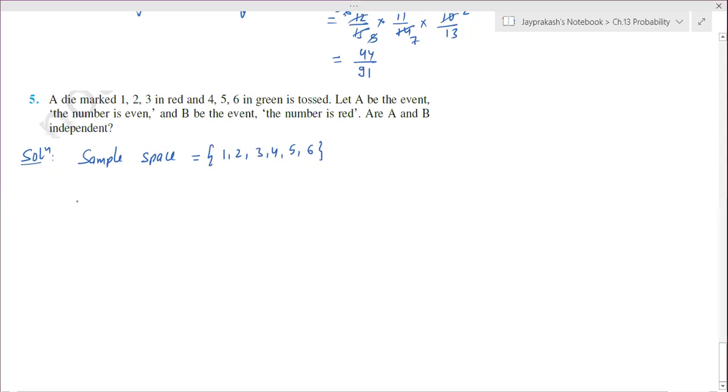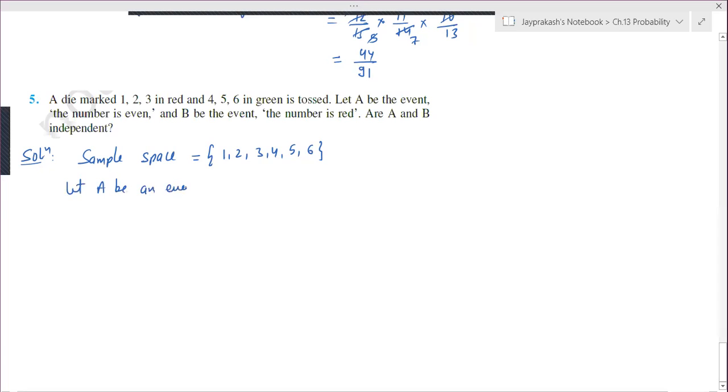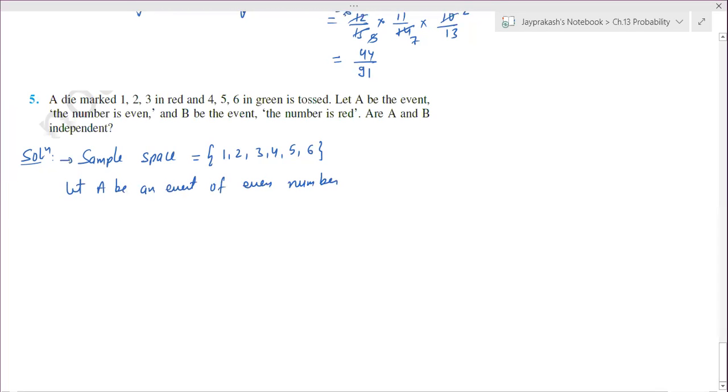So let's consider here, let A be an event of even number. So that means A contains 2, 4, 6.